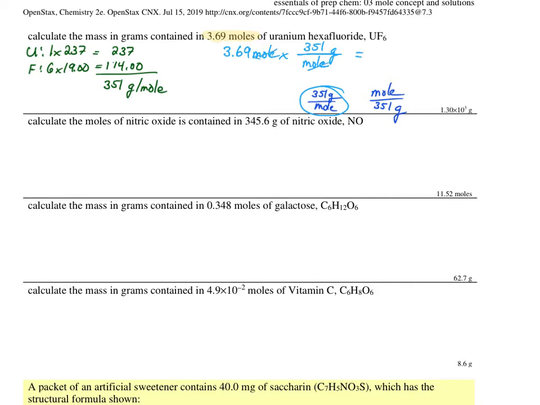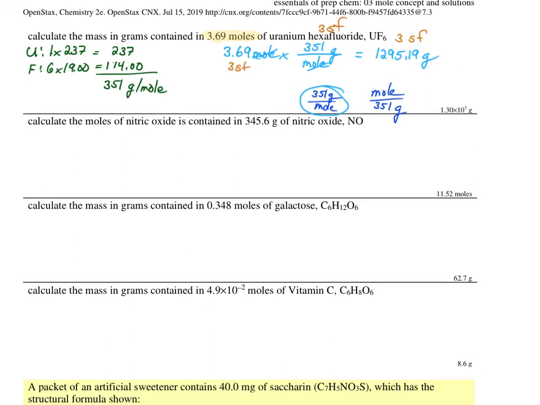Moles over moles cancel, and we end up with a value of 1295.19 grams. Let's consider sig figs. 3 sig figs and 3 sig figs. So we're going to want our answer to be expressed in 3 sig figs.